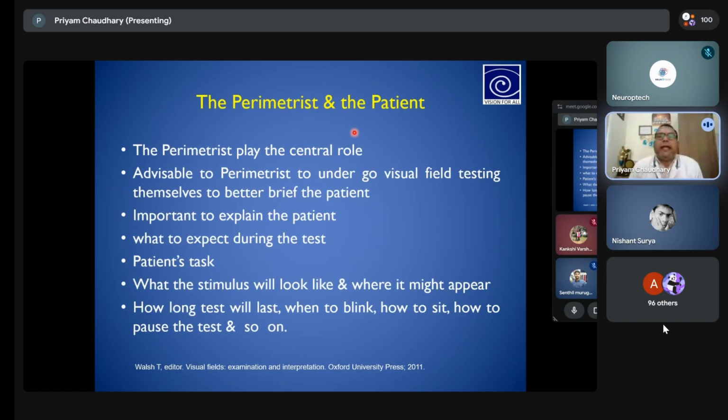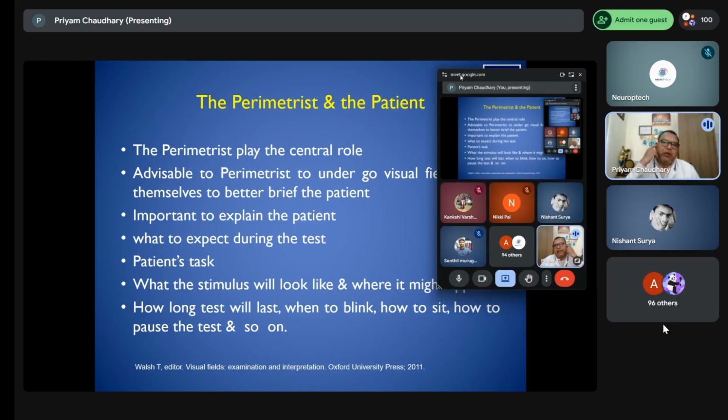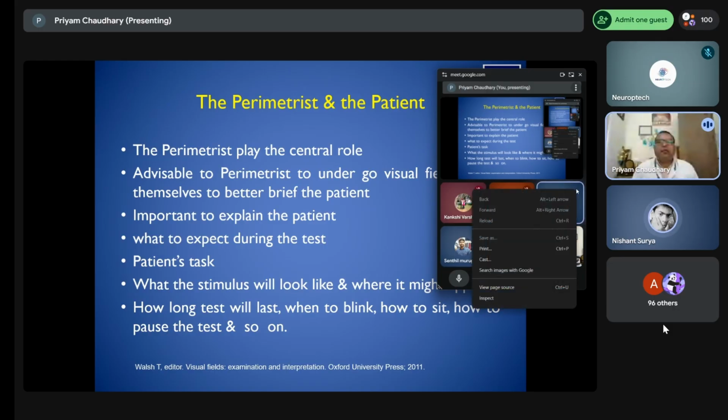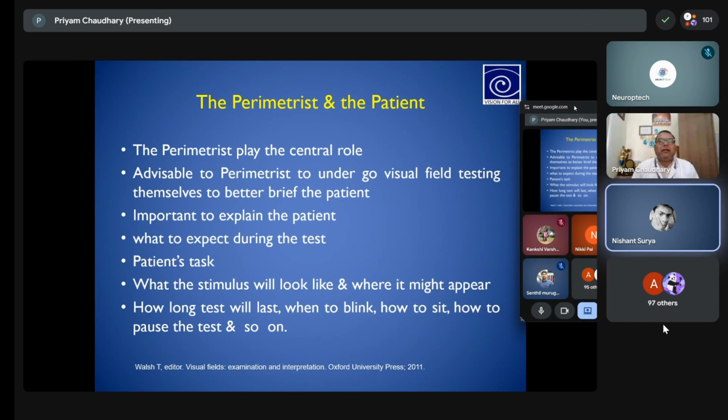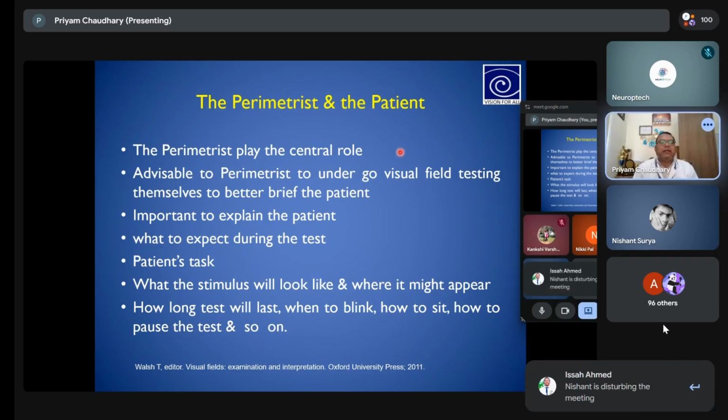What is the role of the perimetrist and optometrist? Who is doing the HVF? There is a very important role for both the perimetrist, the optometrist who is doing it, and the patient. The perimetrist plays the central role.